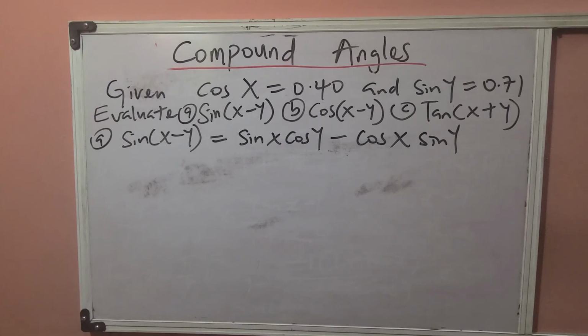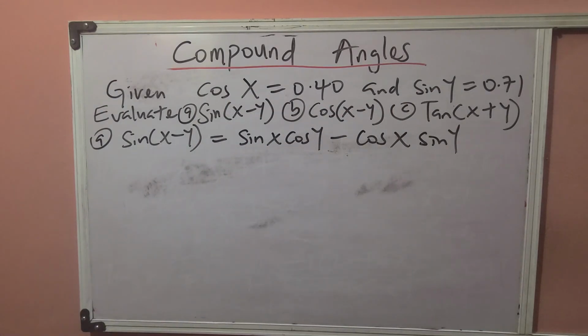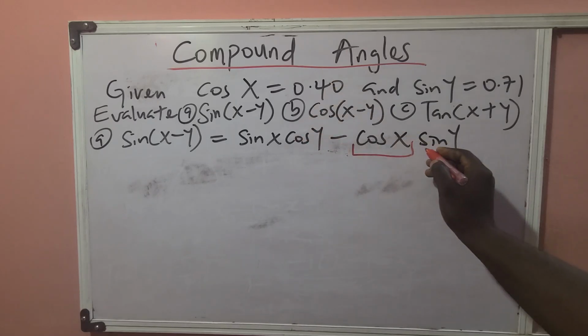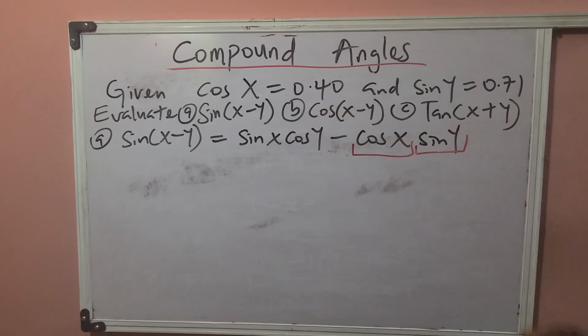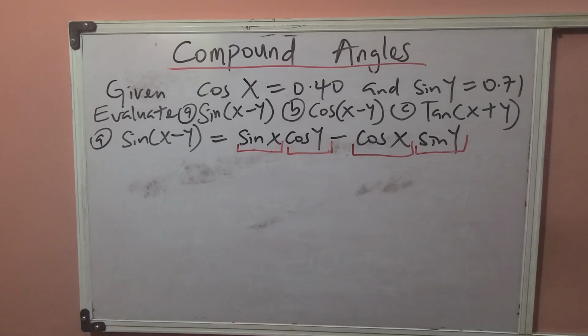Now, looking at the question, we're given cos x and we're given sine y. So we have this particular value for cos x. This was told in the question already, that this is 0.40, and sine y is 0.71. But we're not told the value for sine x and the value for cos y.